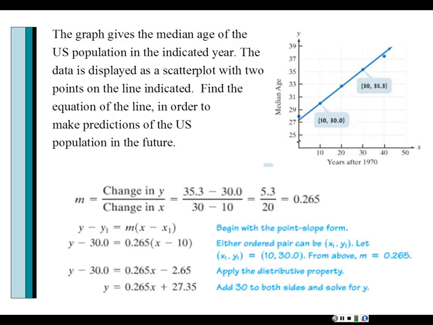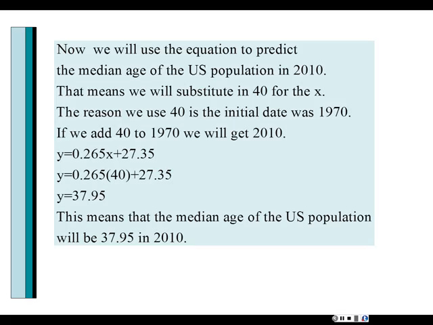Let's say you want to predict the median age for 2020. All you need to do is replace the x by 50. Once you have an equation, you can replace it, and you can get something which will tell you what the median age will be.